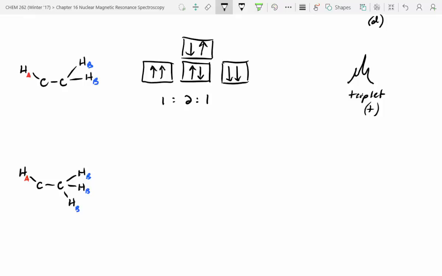So HB, all three of them could be spin up. That's one probability. Alternatively, they could all be spin down. So I'll put these over here. That's another probability. Or we could have two up and one down, right? However, there's a couple ways to orient this.